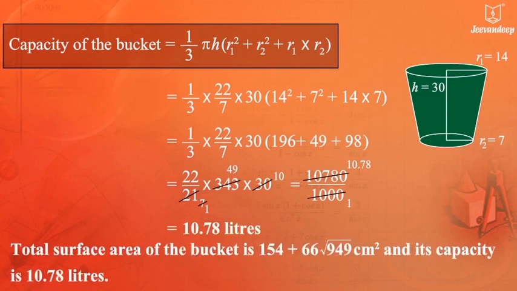Total surface area of the bucket is 154 plus 66 root 949 centimeters square and its capacity is 10.78 liters.